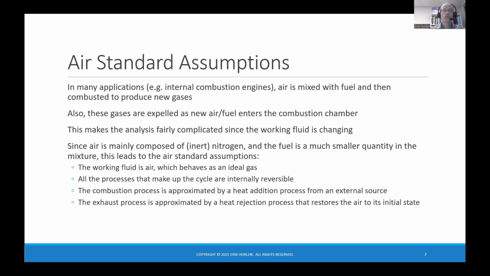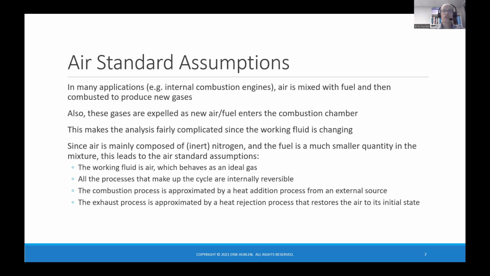However, the air-fuel mixture is generally very rich in air compared to the fuel. Air is usually around 90 to 99% of the mixture. Also, air is primarily made of nitrogen, about 80%, and since nitrogen is inert, it does not actually undergo any sort of change. For this reason, some assumptions are generally made for the combustion processes seen during these cycles.